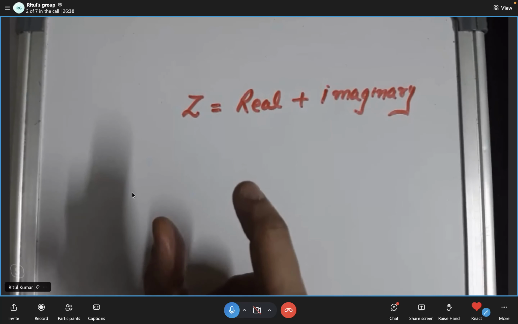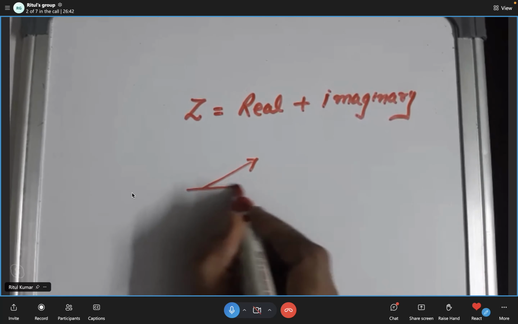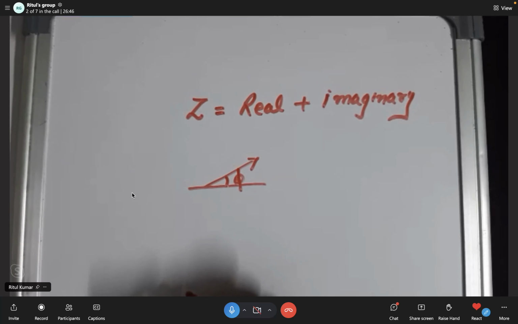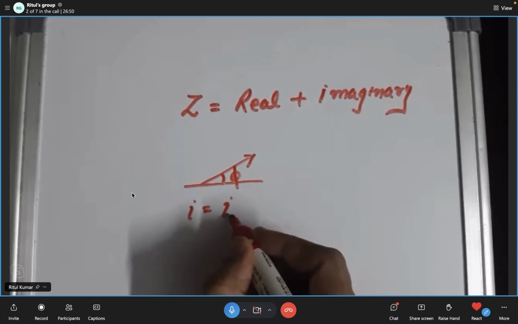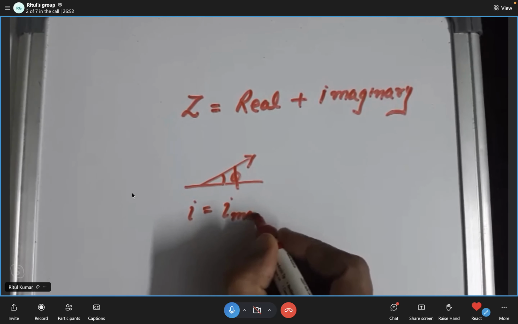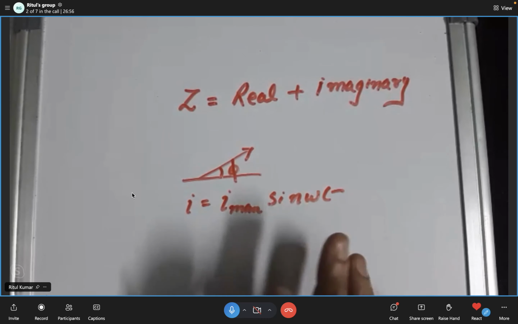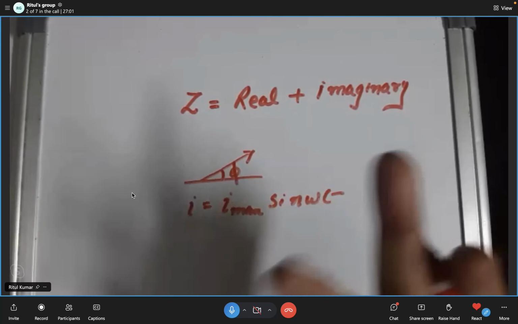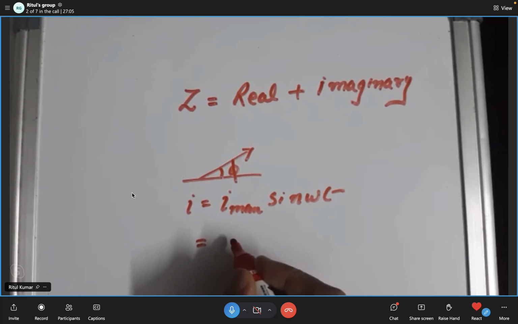What is phase to us? Phase, as I told you, is a vector which is rotating. So when I write I is equal to I max sine of omega t and try to represent it in phasor form, how we represent it is of great import.